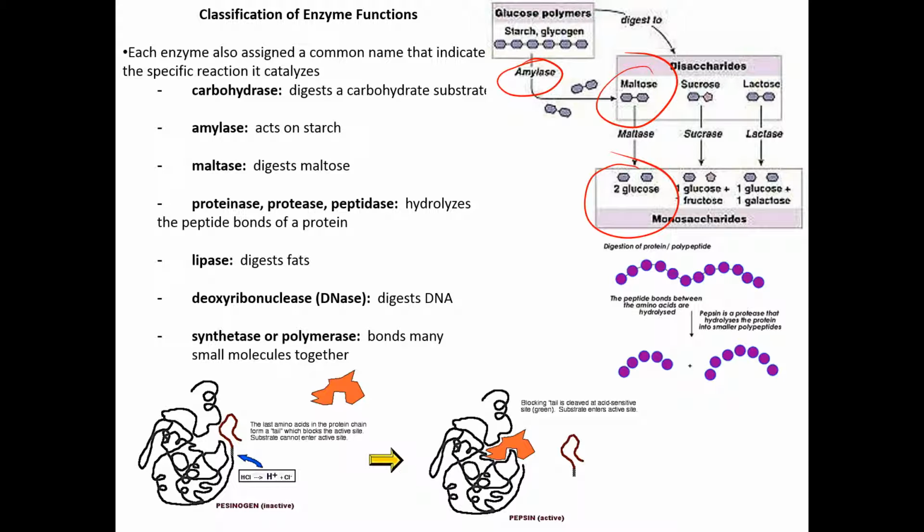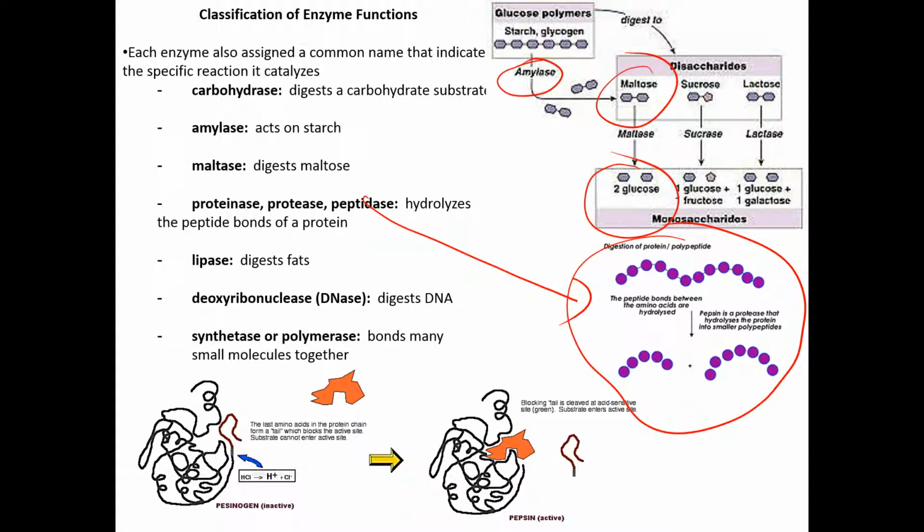They cleave very specifically certain peptide bonds between certain amino acid residues. So that's what's going on here. You have protein digestion that involves these enzymes. Then you also have lipases, which we talked about previously, that target your fats, your triglycerides.